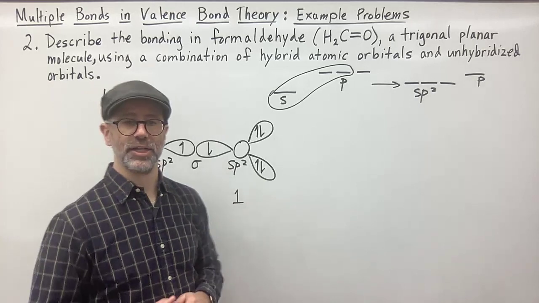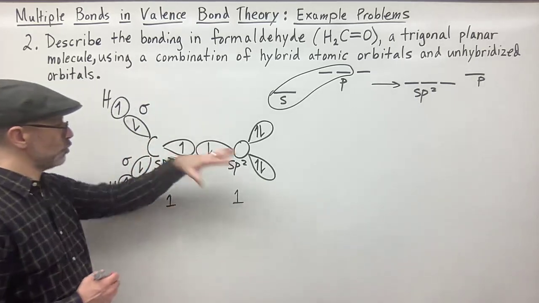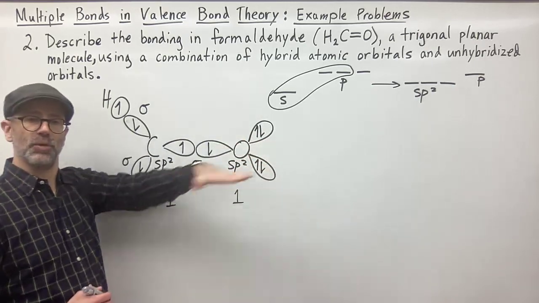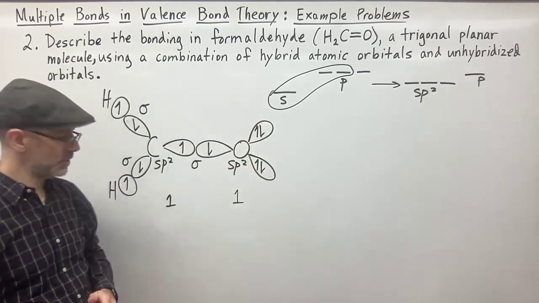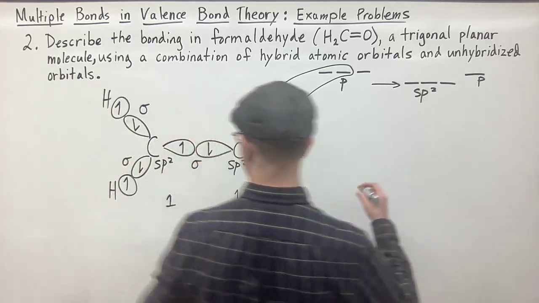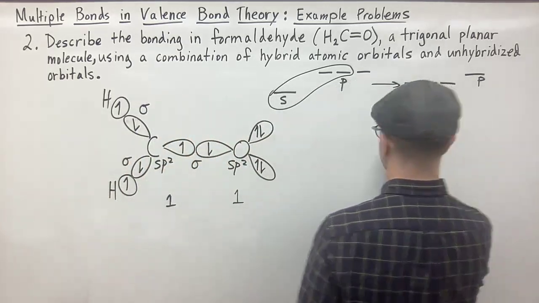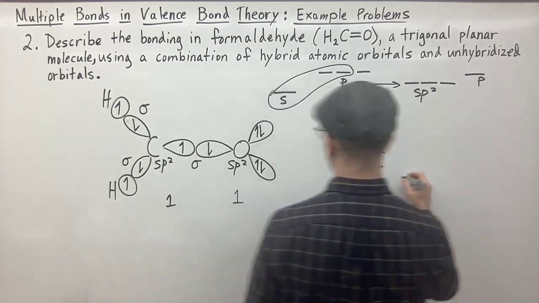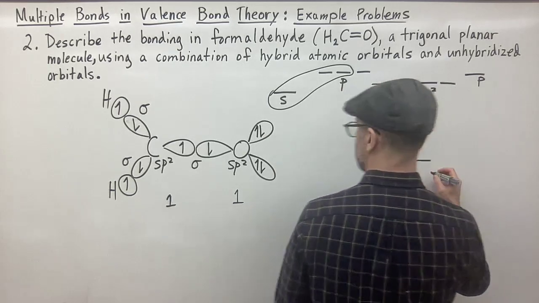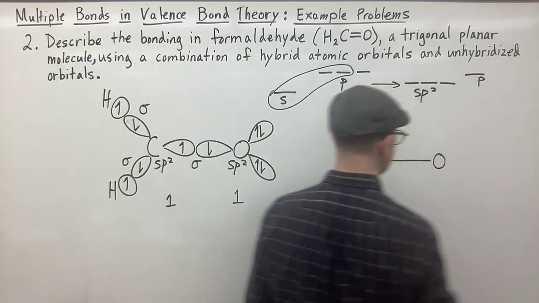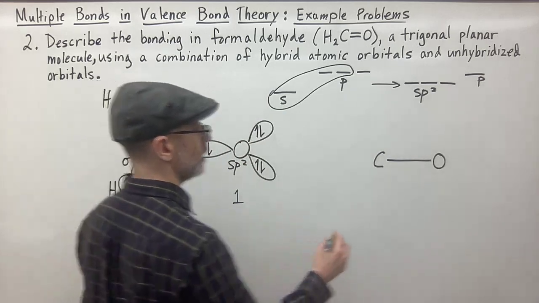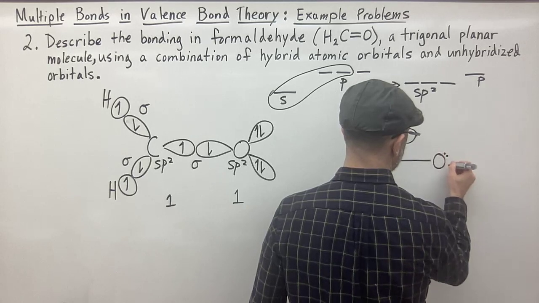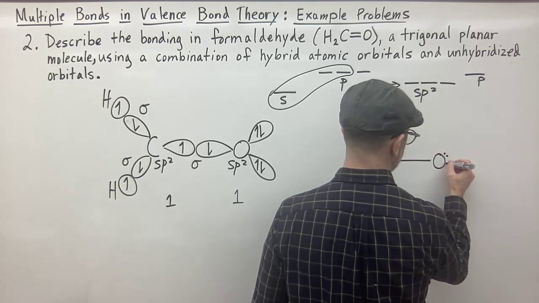So let's go ahead and draw that. We're going to redraw this so that this is perpendicular to the board. So we're going to turn this 90 degrees. And so when we draw this, it's going to look a little different. We're going to have our carbon bonded to the oxygen. And then we'll have our 2 lone pairs, like so.